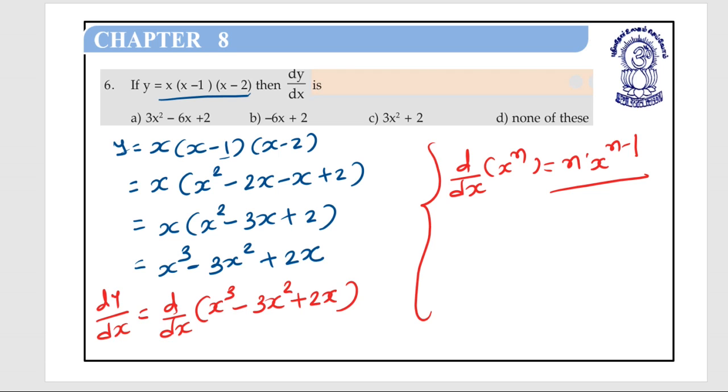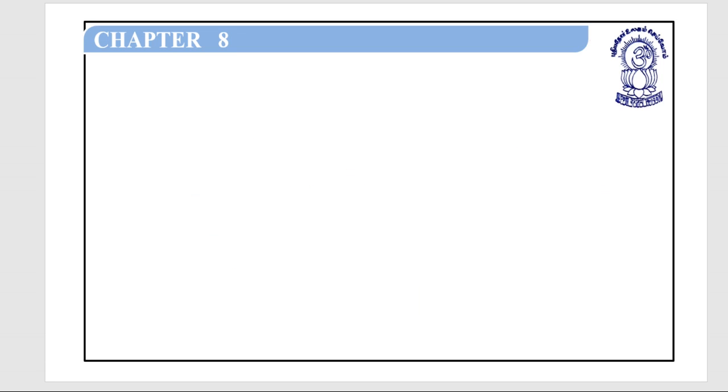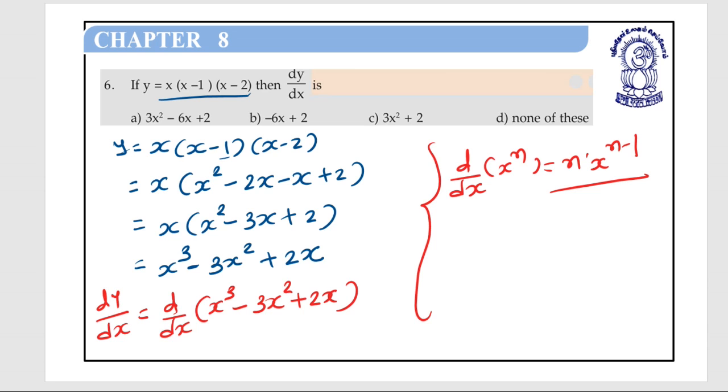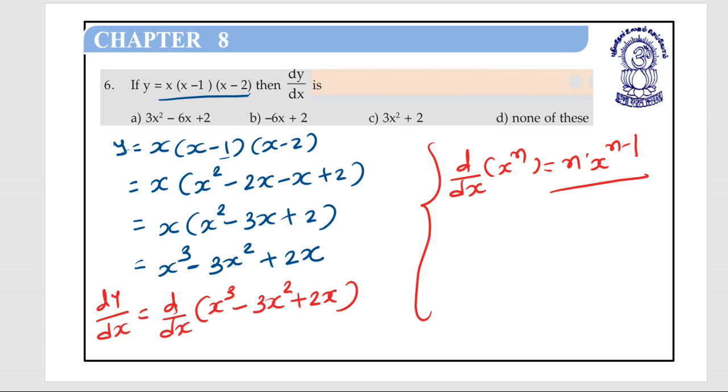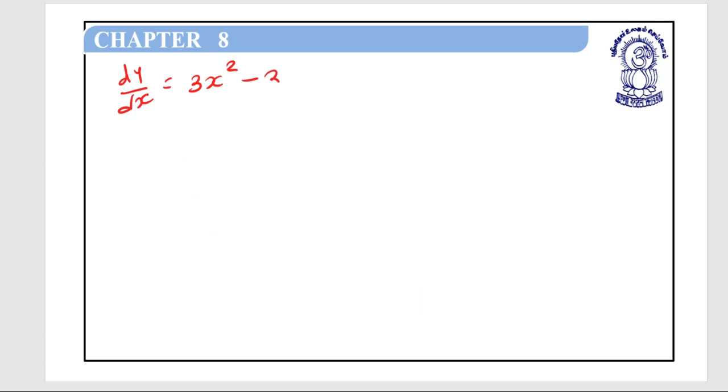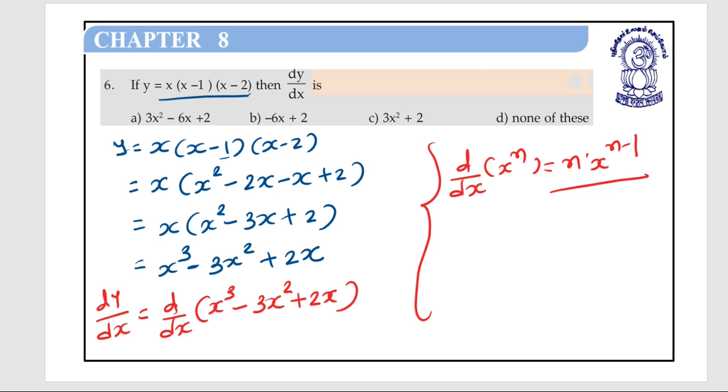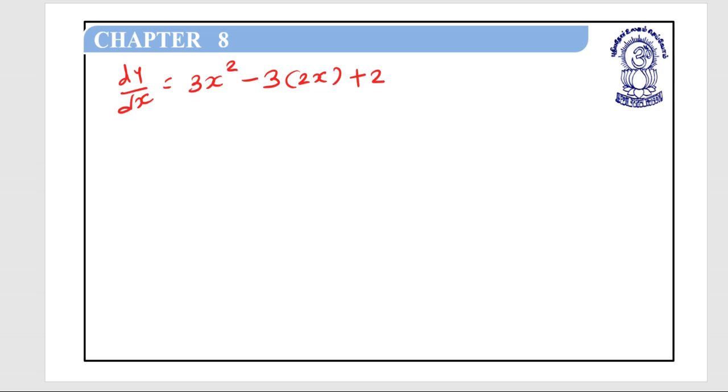So here you will get dy by dx is equal to x cube, so 3x square, minus second term is 3x square, so 3 into 2x, plus 2x, so it is 2.